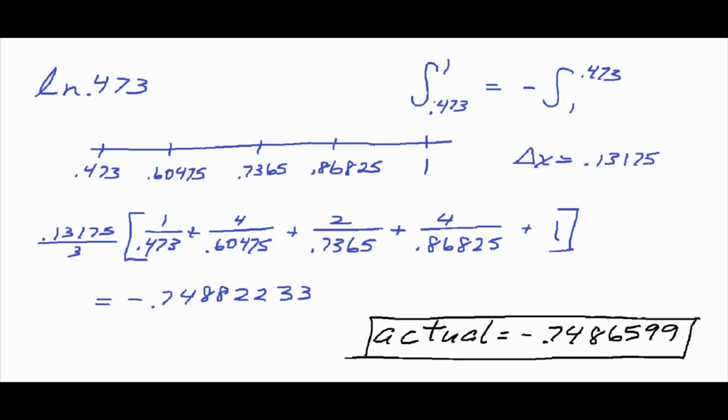And now this would be the integral that, of course, we don't do, but we're approximating. But we'd be going from 0.473 to 1. But remember, we want the 1 on the bottom. So we're going to flip these, which means this has to be negative. And of course, logs between 0 and 1 are negative. So this is what it would look like when we do our sections.